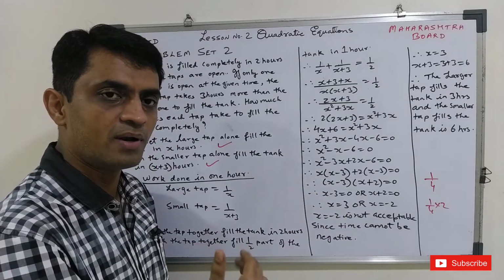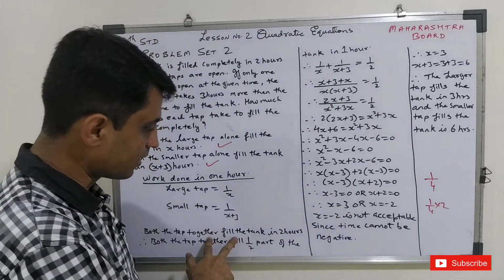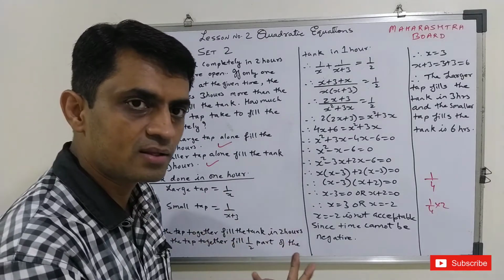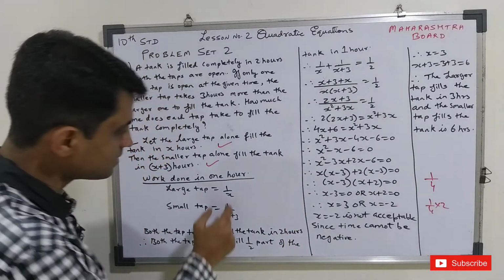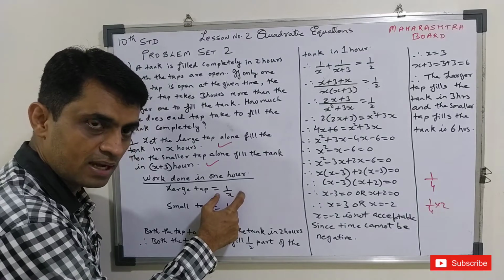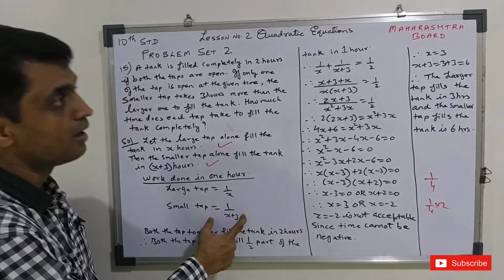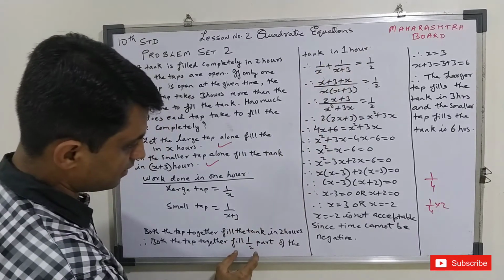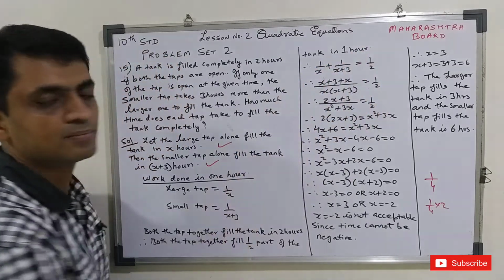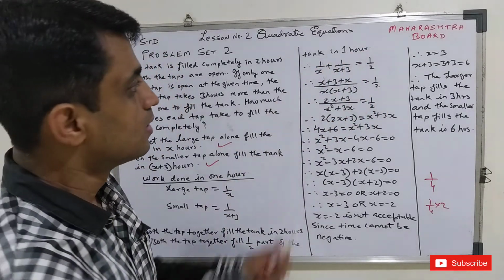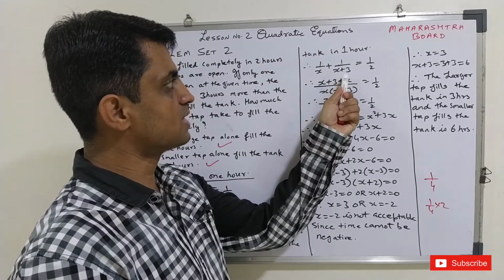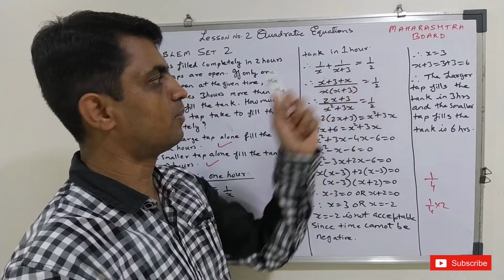If both are working together, how much in 1 hour? 1 upon 2. It means the work done in 1 hour by the larger tap plus the work done in 1 hour by the smaller tap together will be the work done by both of them together. Are you getting? So 1 upon x plus 1 upon x plus 3 is equal to 1 upon 2.